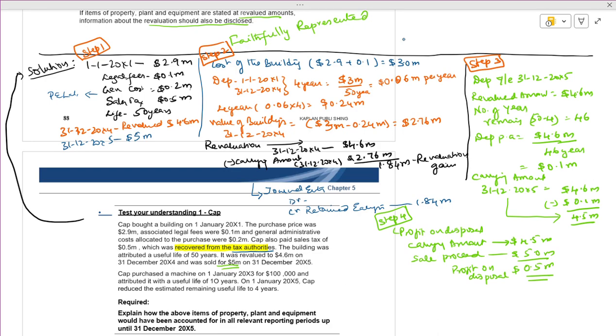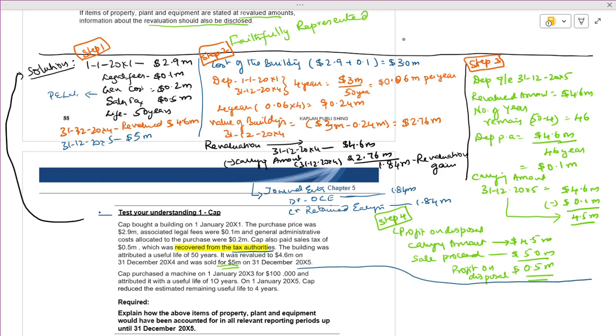Debit will be other components of equity, 1.84 million. This is the way we have to work out how the things will go.